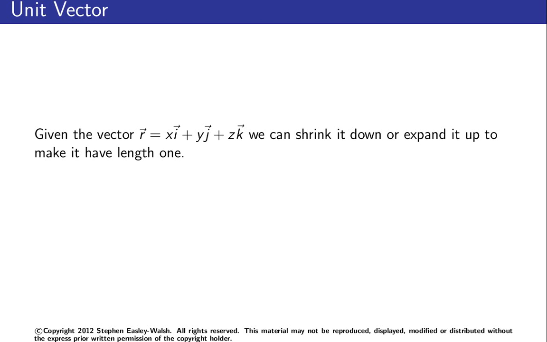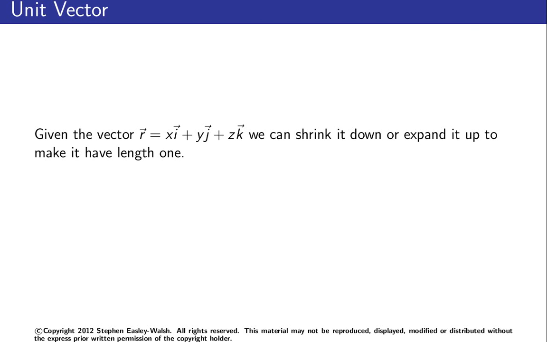If my vector had length, let's say, a half, then if I multiplied my vector by 2, I'd expand it up so that it has length 1. So in other words, provided that the vector isn't 0 in length, you can always multiply it so that it expands or contracts so that its length is 1.